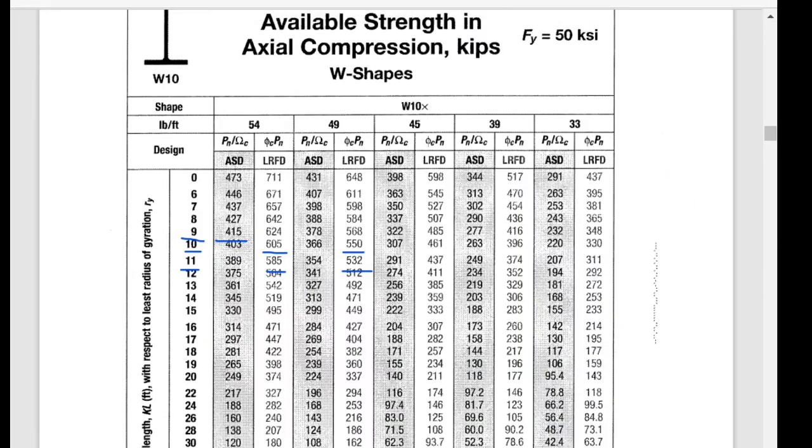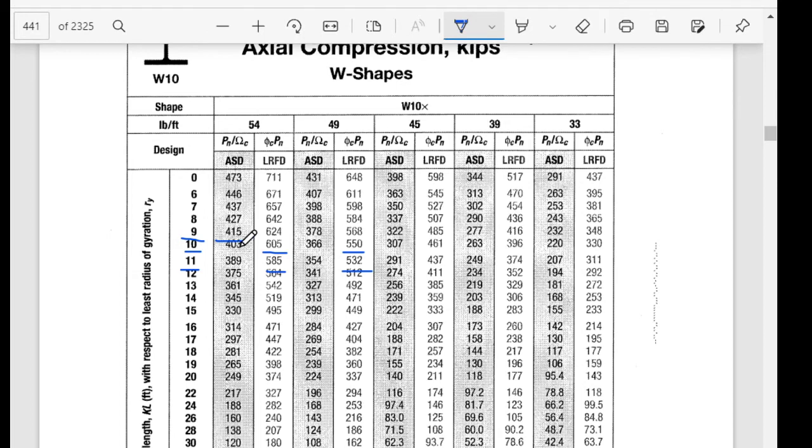If you interpolate, it is still 10 point something, between 10 and 11. Actually, the tendency, since it is 403 and 389, is that the value is still less than 400. Because 400 is very small compared to the 403 kilopounds at 10.